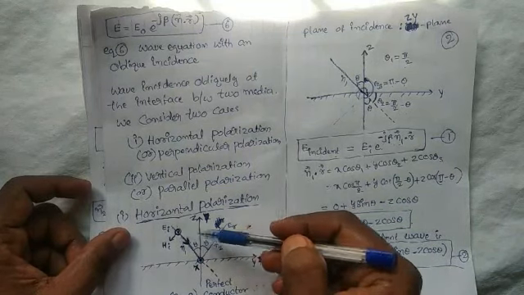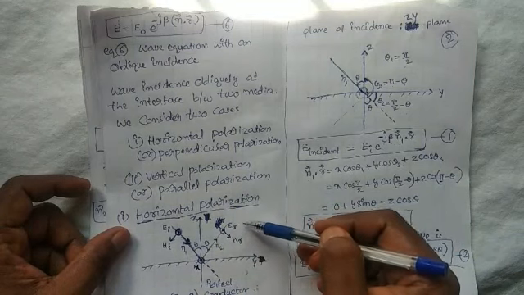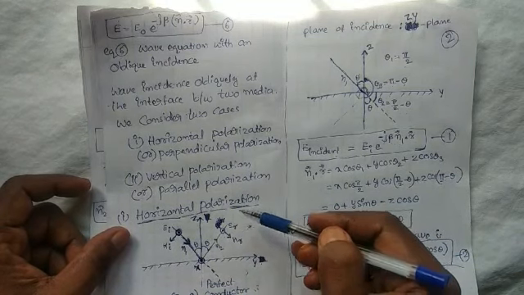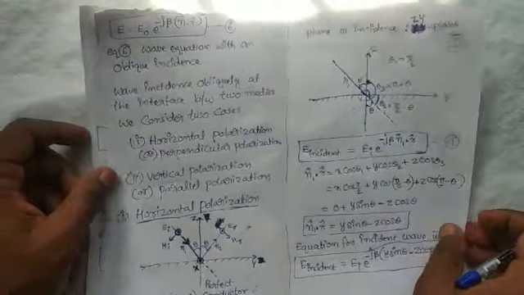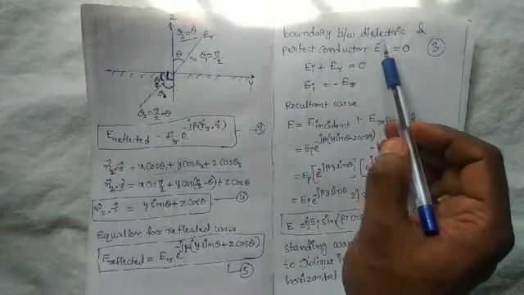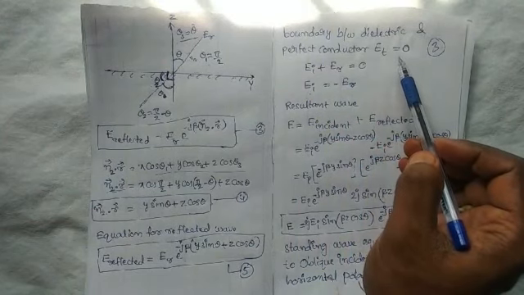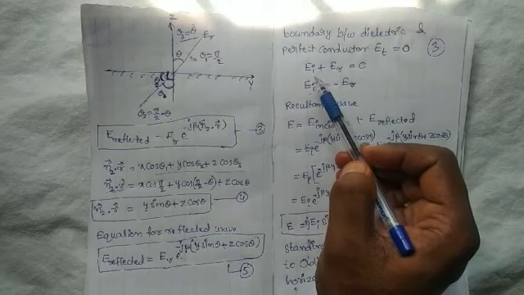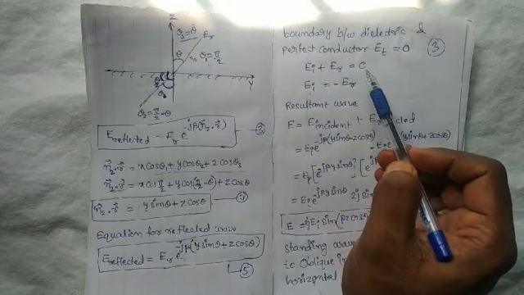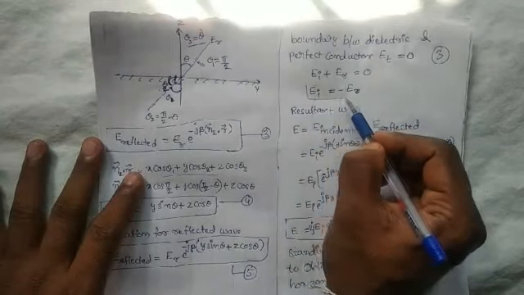Here it means incident wave plus reflected wave is equal to 0, means EI plus ER is equal to 0. Here EI is equal to minus ER.